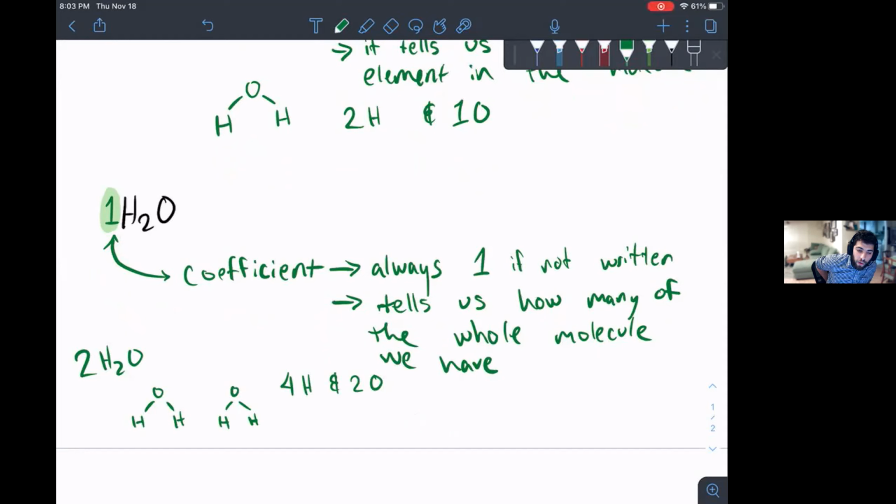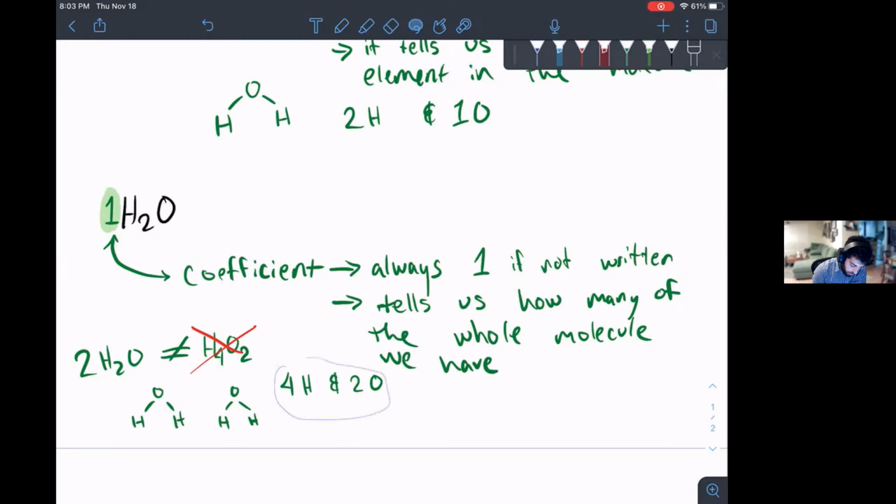Just because we have 4 hydrogens and 2 oxygens, however, 2H2O is not the same as H4O2. They are not the same. So remember, coefficients tell us how much of the whole molecule we have, but they do not change the molecule.